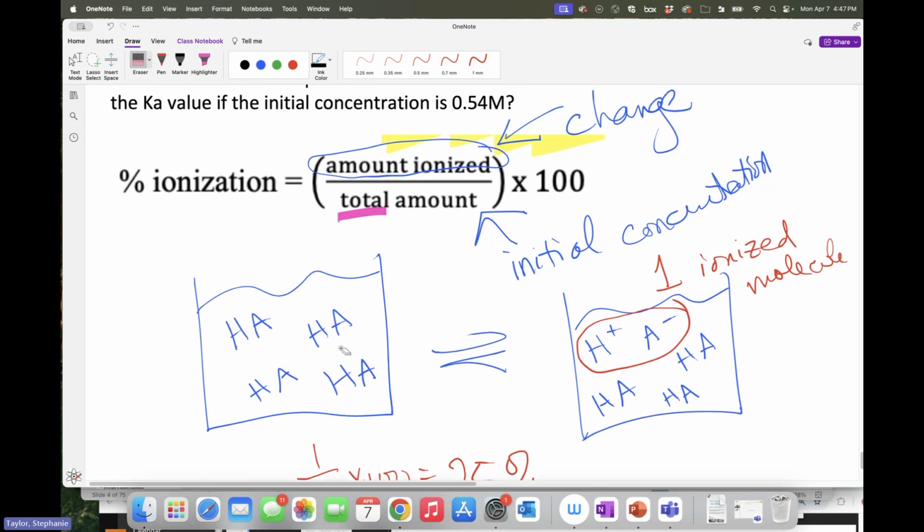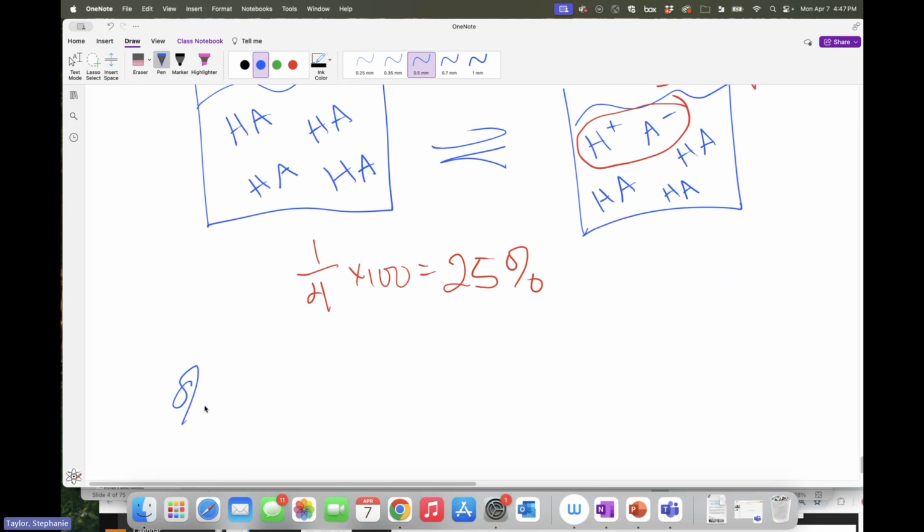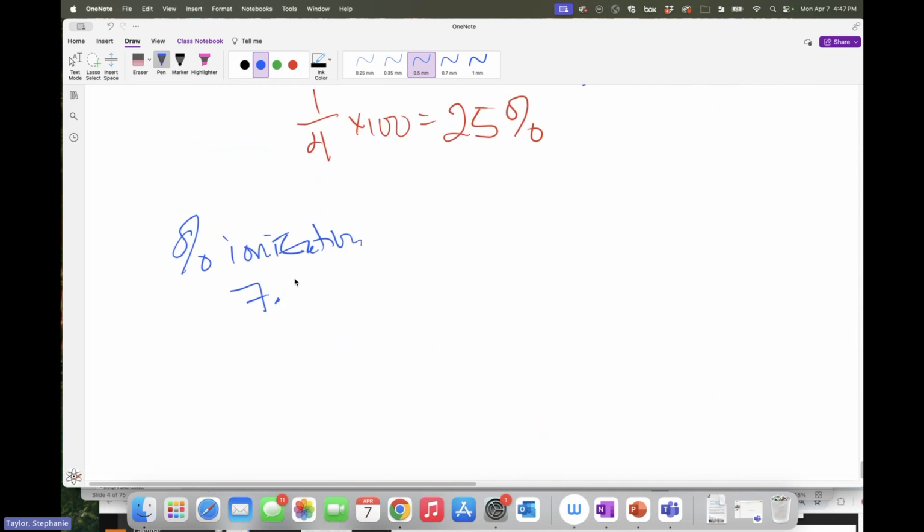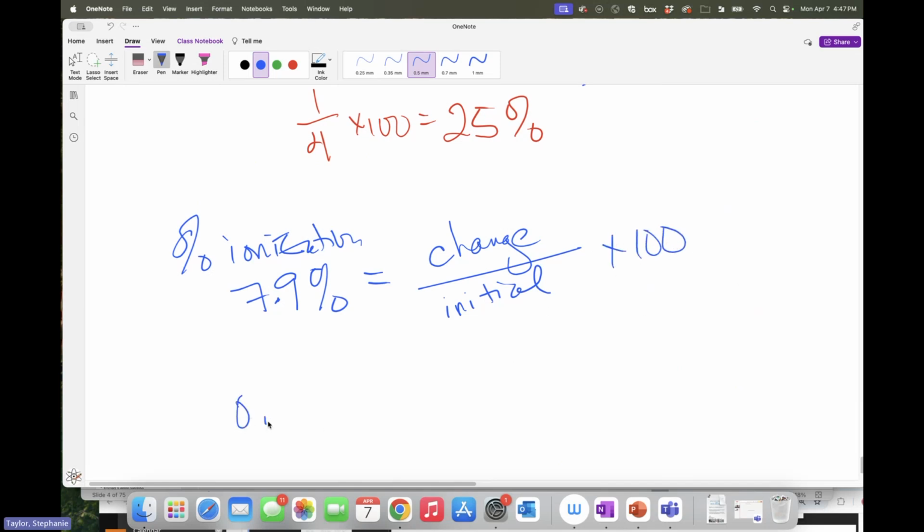So when we rephrase this, I can use my ICE table relatively easily to figure out all the different pieces that I need. So I'm going to have my percent ionization, which is that, what did I say it was, 7.9%? And that's going to be equal to my change divided by my initial concentration times 100. So I'm going to divide by 100. 0.079 is equal to my change, that's X, divided by my initial concentration.